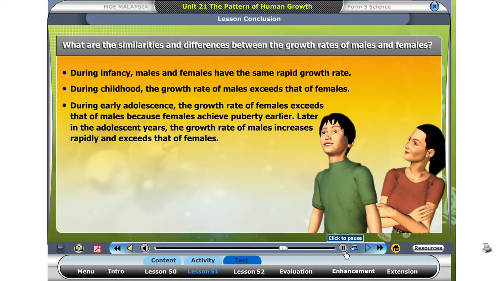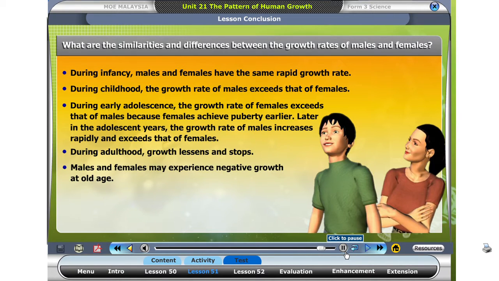Later, in the adolescent years, the growth rate of males increases rapidly and exceeds that of females. Growth lessens and stops at adulthood. Males and females may experience negative growth at old age.